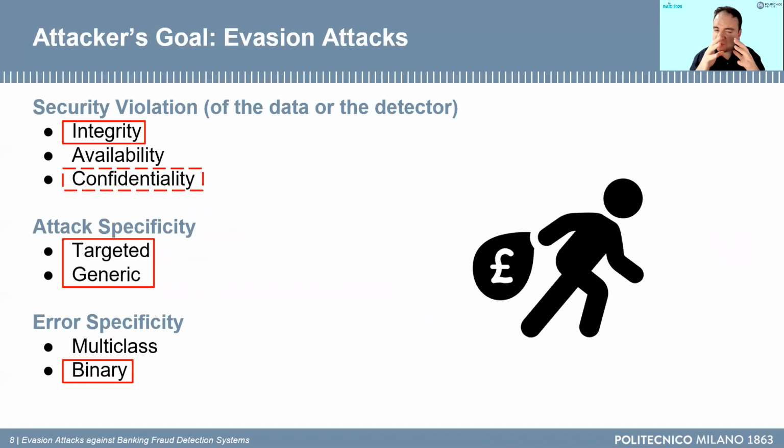In particular, since we are focusing on evasion attacks, the goal of the attacker is against the integrity and the confidentiality of data, since he or she wants to carry out malicious transactions on behalf of the victim, and wants to make the detector classify these frauds as legitimate. In general, evasion attacks can be both targeted and untargeted.